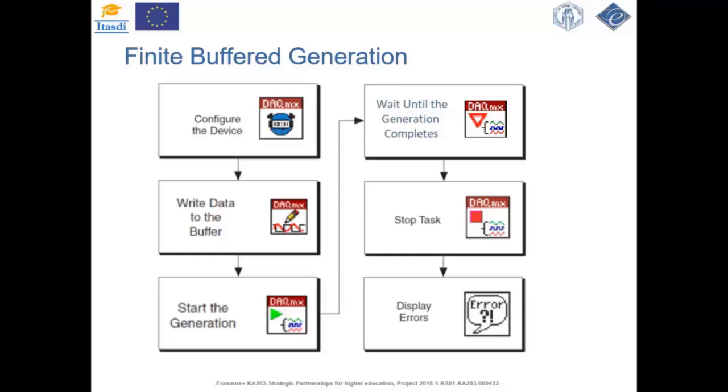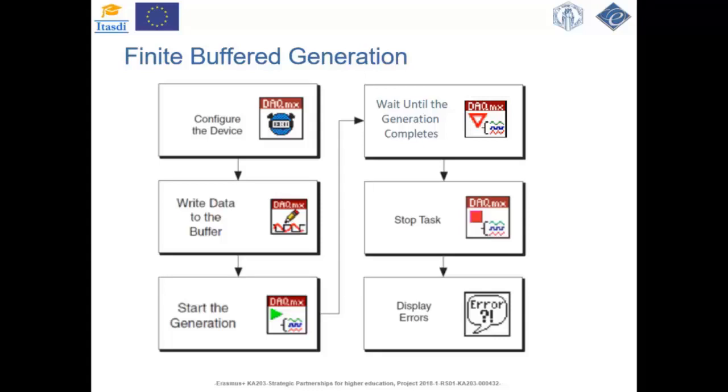As with single sample generation, either a software or hardware timed generation can be used. So this is the flow chart of the finite buffered generation. We configure the clock of the device, then we write the data into the buffer, and after we start the generation, the data will be outputted.